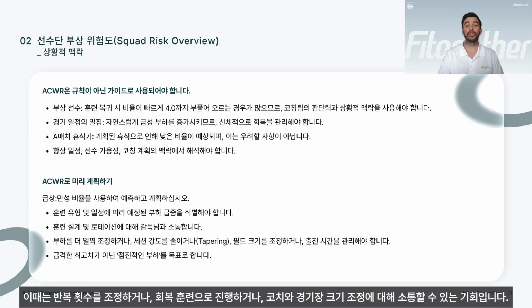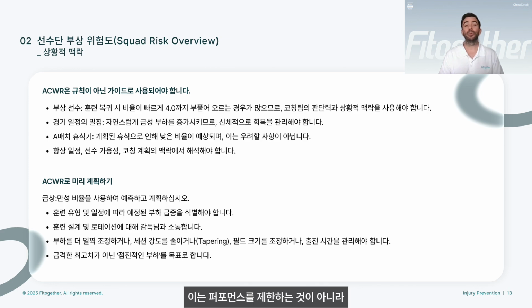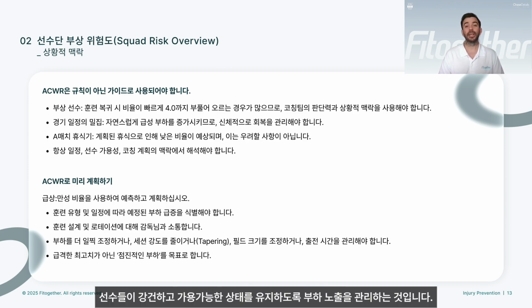That's your opportunity to potentially adjust, maybe tweak their reps, rotate them into recovery drills, or communicate with the coach about altering the pitch dimensions. This isn't about limiting performance. It's about controlling exposure so that players stay robust and available.